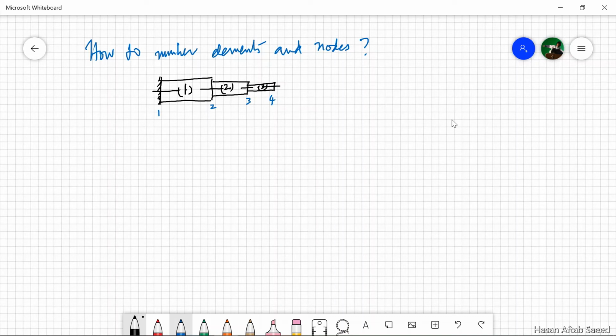Now, the K matrix was something like this: rows and columns 1, 2, 3, 4.